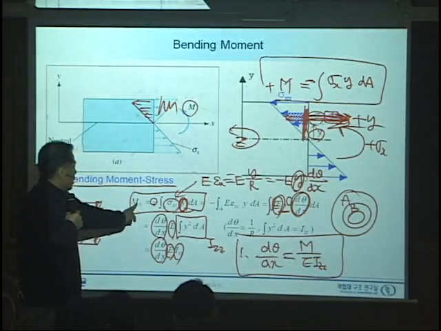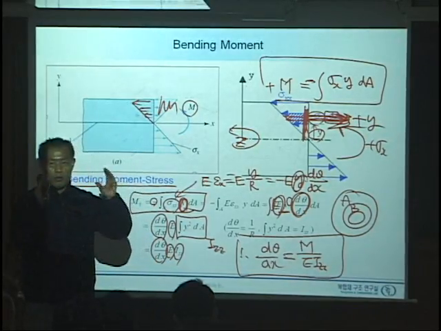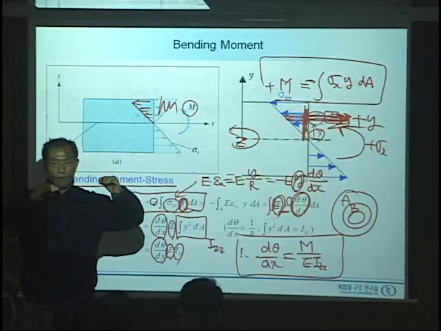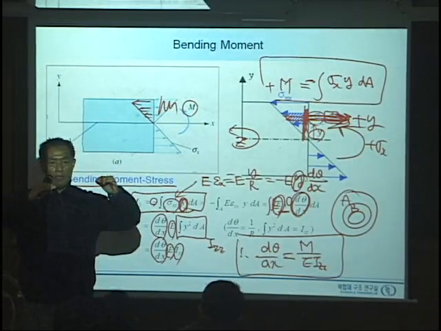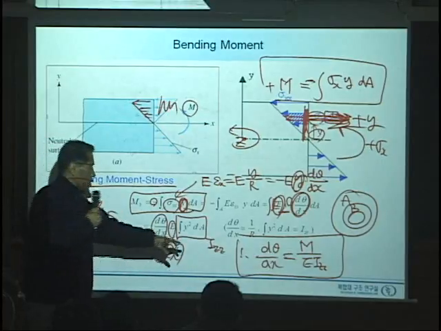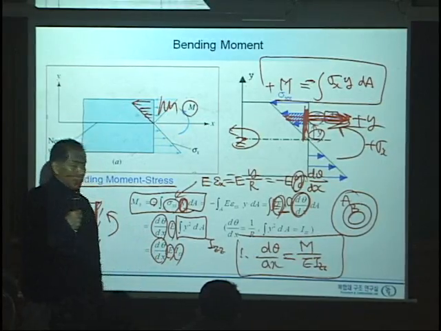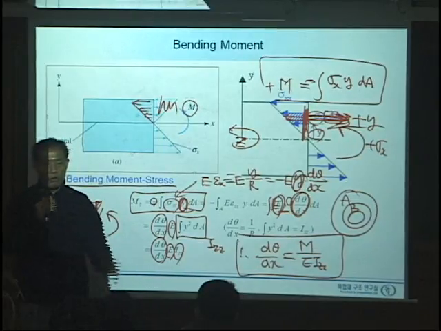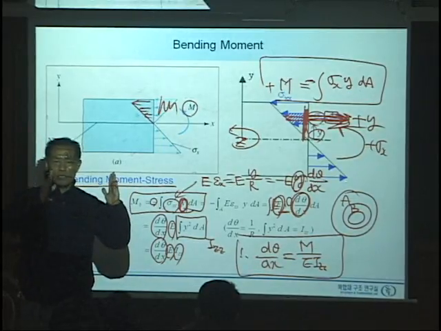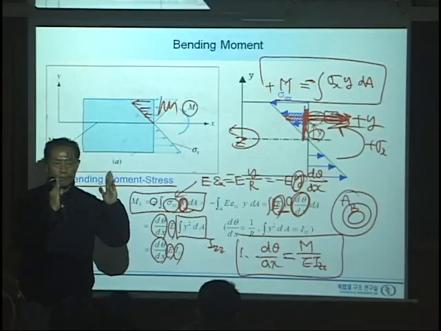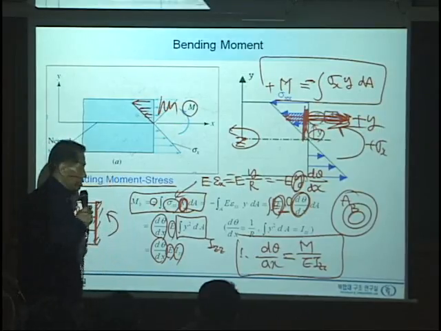So finally we got it: whatever moment we apply to a beam is related to the cross-sectional property I, Young's modulus, and d theta dx, the rate of this rotation.